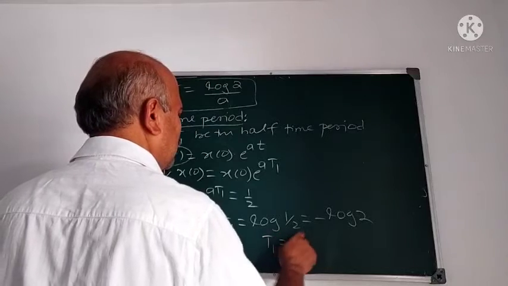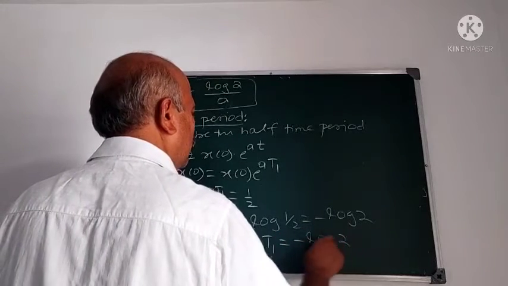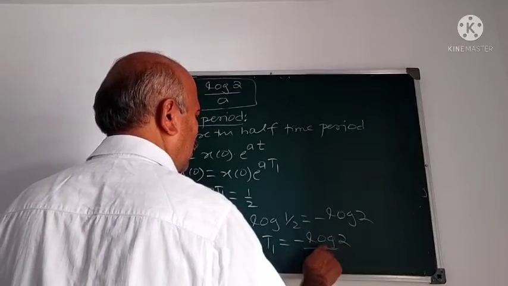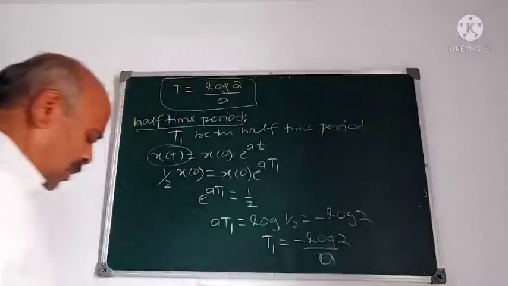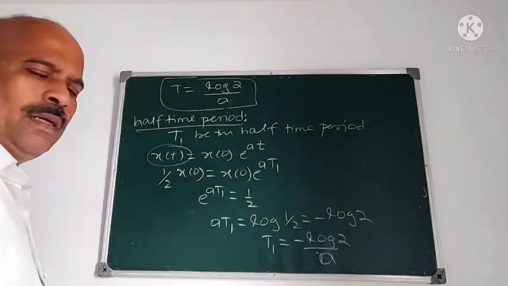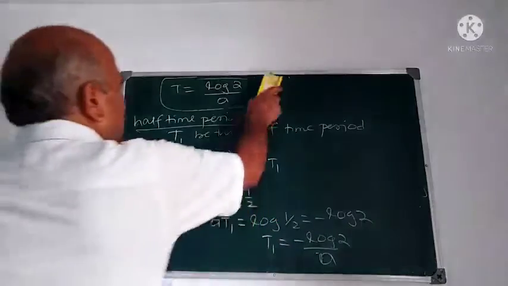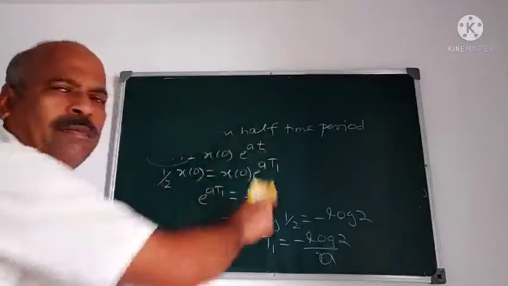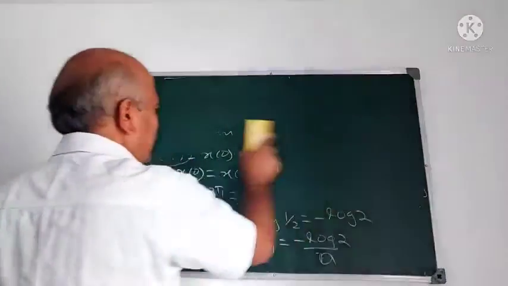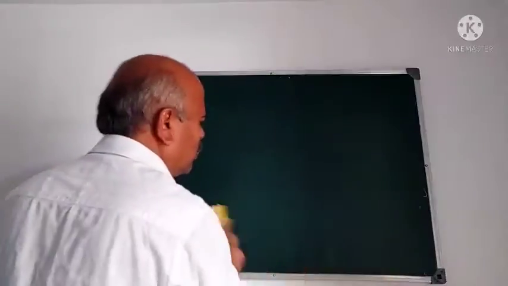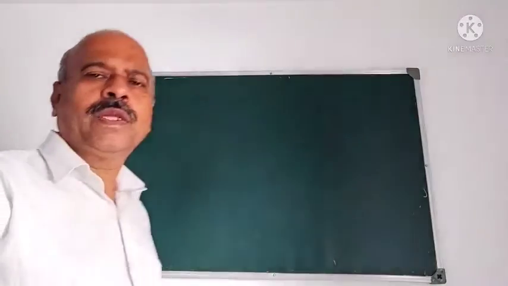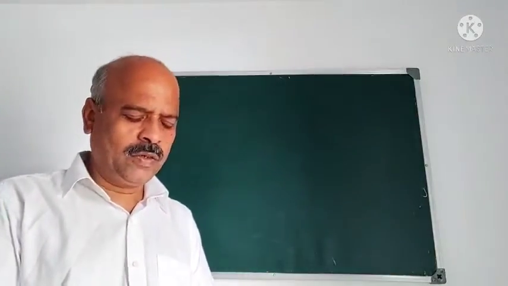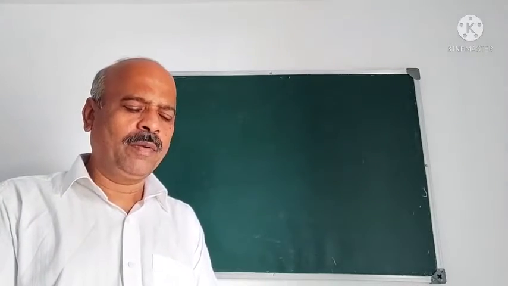So T1 is minus log 2 upon a. Once again, a is the birth rate minus the death rate. This is about the linear population growth model for human population.